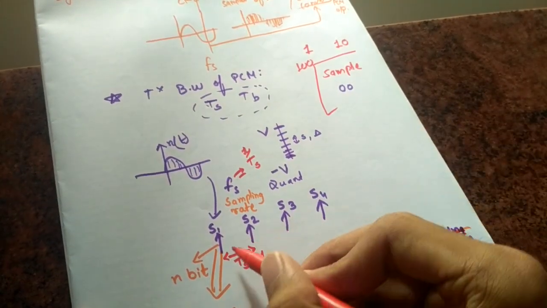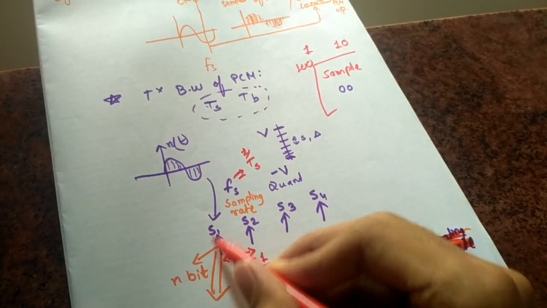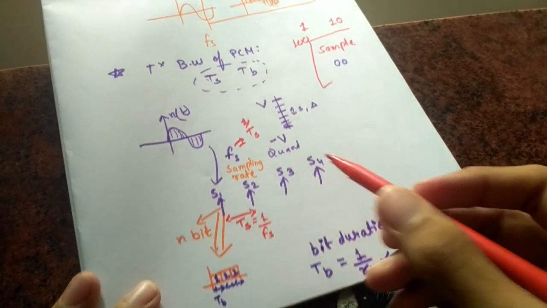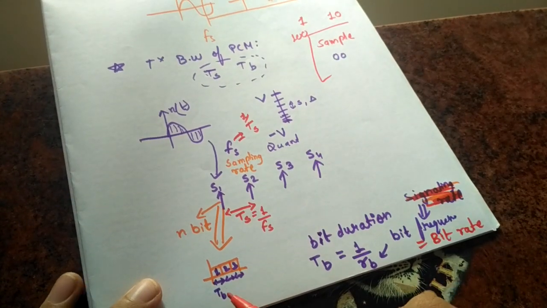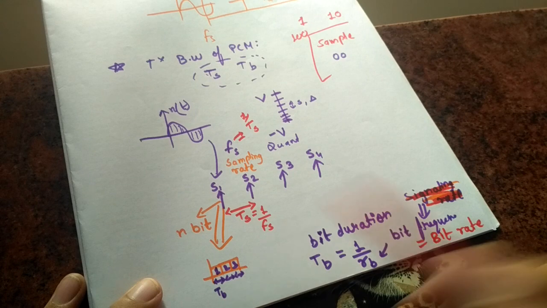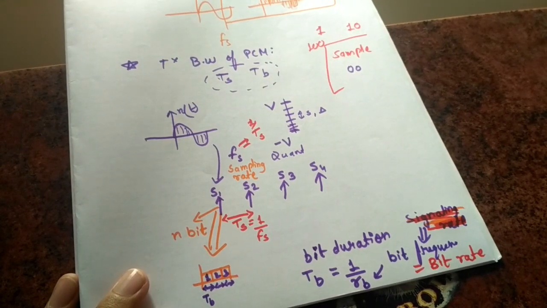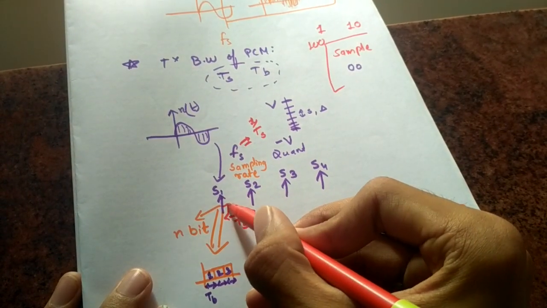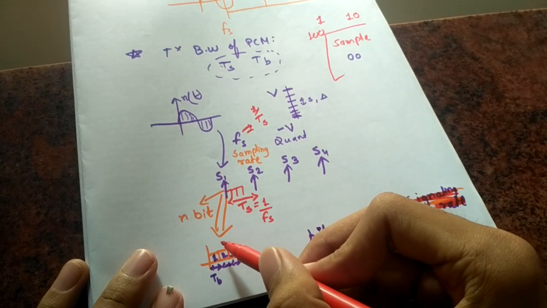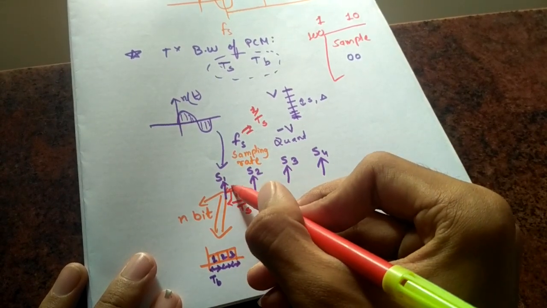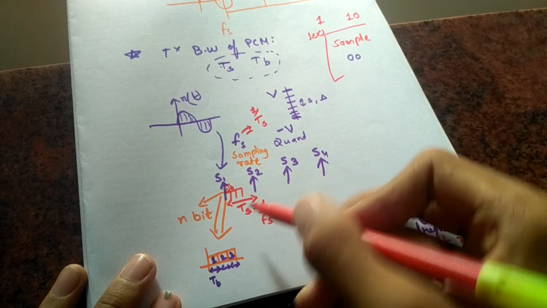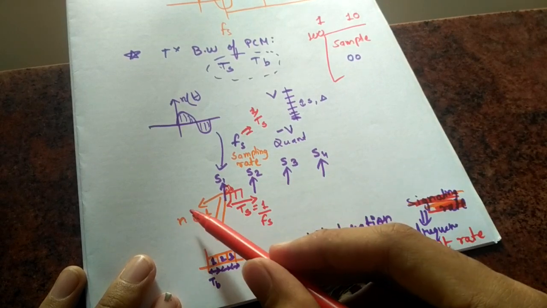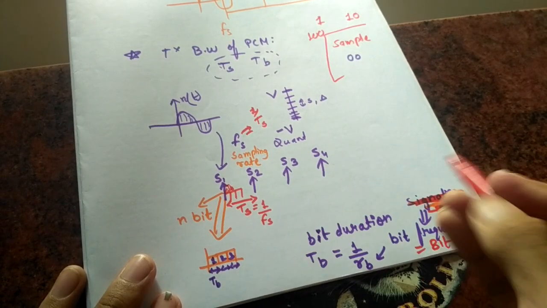Now let's move ahead. This one sample consists of these 3 bits, each of duration Tb. So this S1 consists of 3 bits, each of duration Tb. For the general case, let us consider n bits.